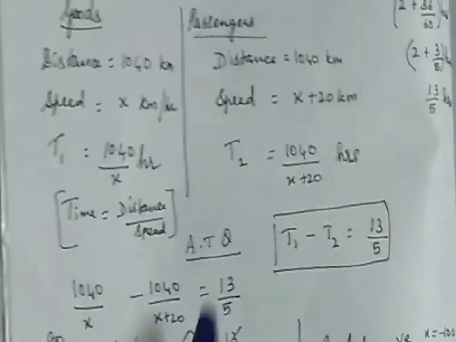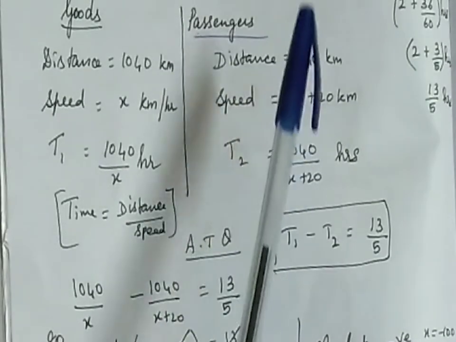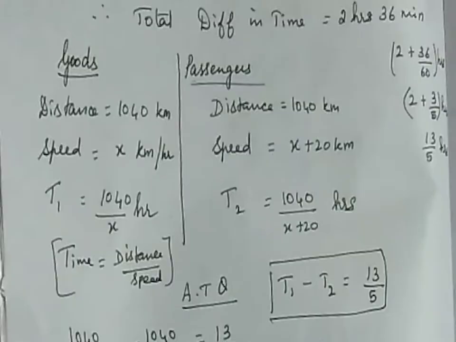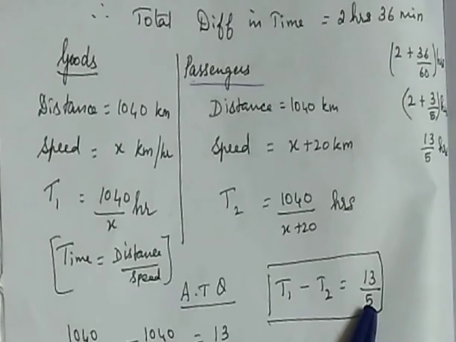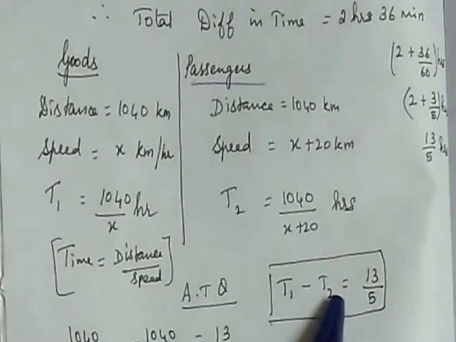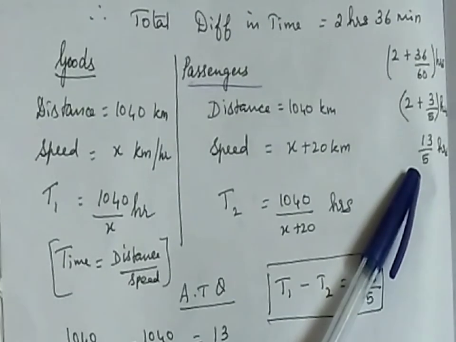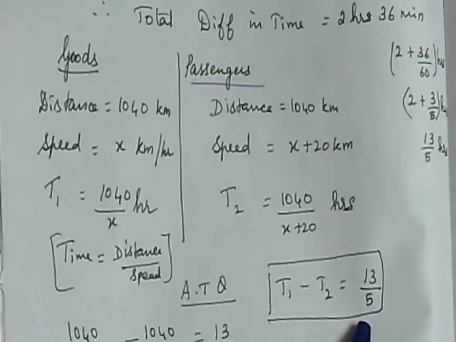Now, the passenger train takes less time compared to the goods one. So T1 minus T2 is equal to, how much difference between these two? 2 hours 36 minutes, no? That we have changed, that is 13 upon 5 hours. You will write 13 upon 5.